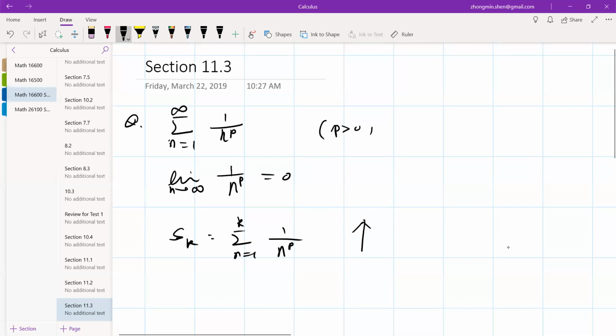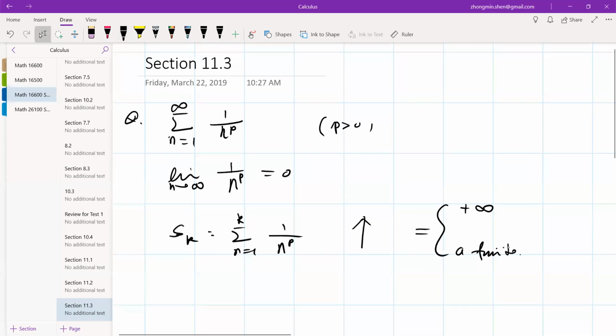If it is unbounded, then it's divergent to infinity. So you only have two cases, positive infinity or a finite number. The question is, for what values of p? We don't know yet, right? We're going to figure it out later.